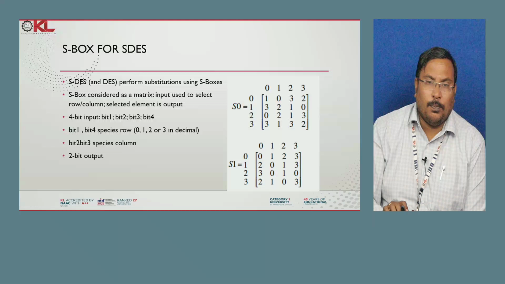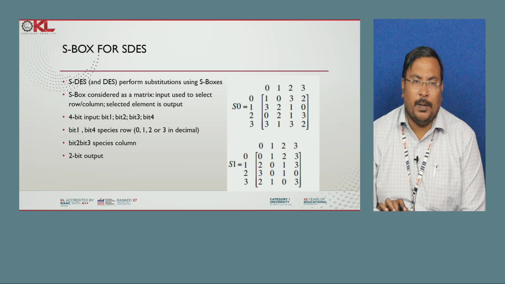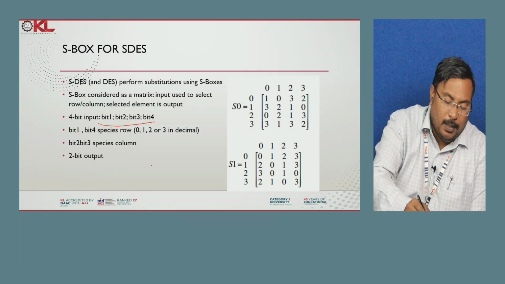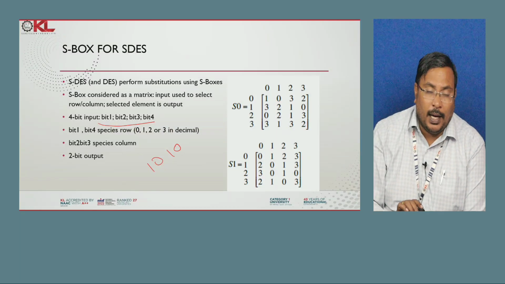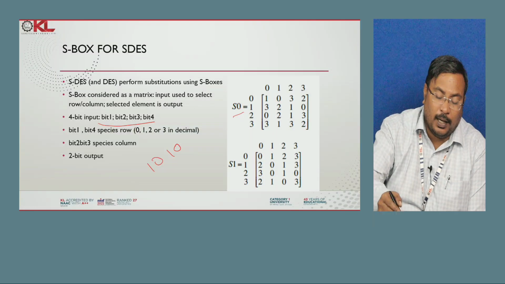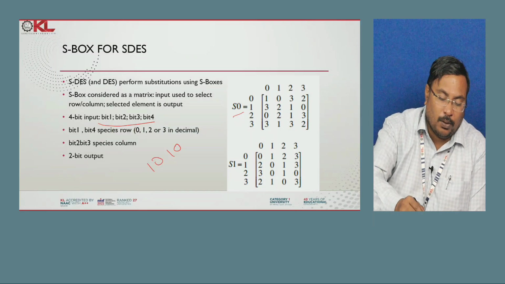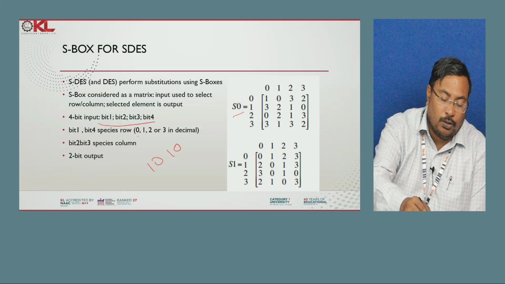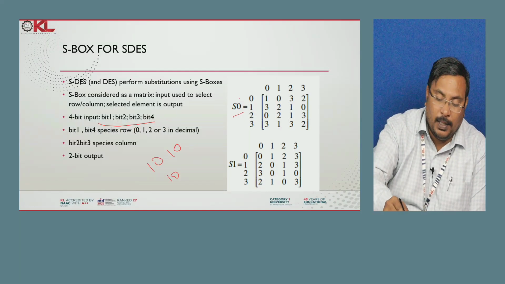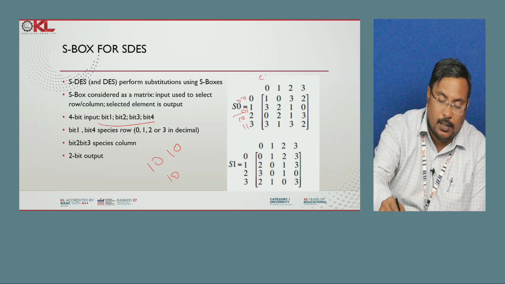So how are these S boxes converting 4 bits into 2 bits? Suppose you have the 4 bit input 1 0 1 0, and I need to convert it into 2 bits. If it is round 1, the S0 box is used. The first and fourth bits are used to specify the row. First and fourth bits, that means 1 0, which is row 2 in 0 0 0 1 1 0 1 1 numbering.